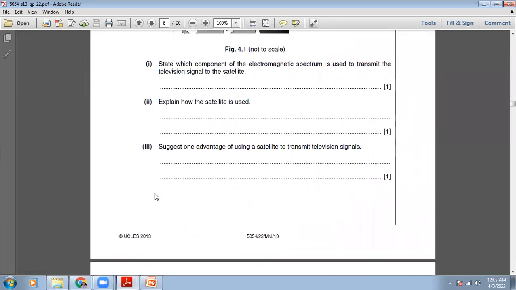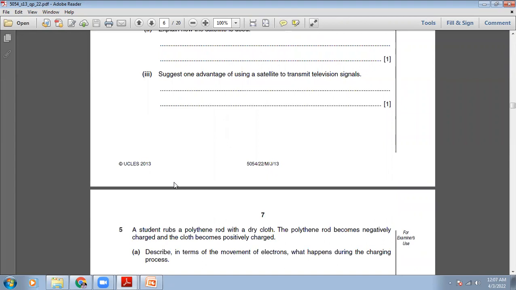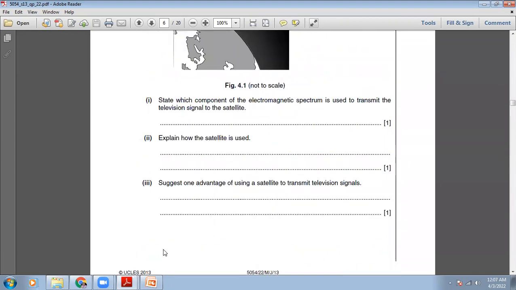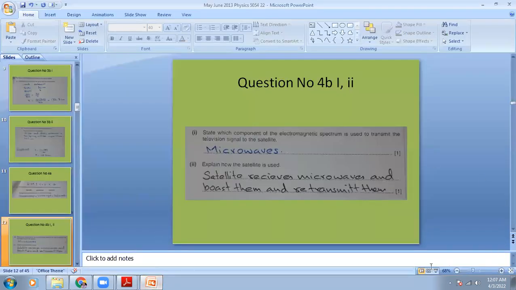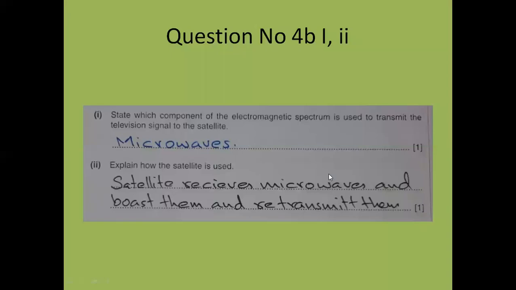Explain how the satellite is used. And then they say suggest one advantage of using a satellite to transmit television signals. Okay, so basically the satellite will receive the signal from the television station, which is on the ground, and the satellite will boost the signal and then retransmit it back to the earth.